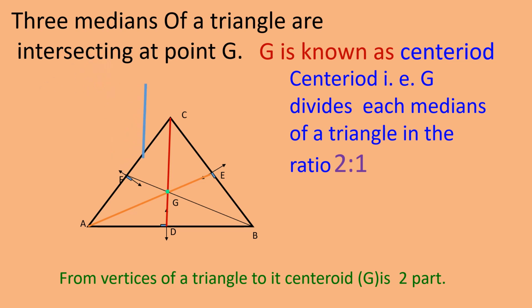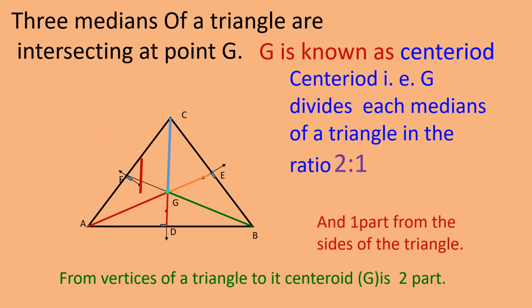See here pictorially, two parts of the full CD. Similarly, two parts of AE, that is AG. Here GB of FB. So what will be first? One part. So one part will be here, from the centroid to the sides, from the centroid to the sides, and from the centroid to the sides.